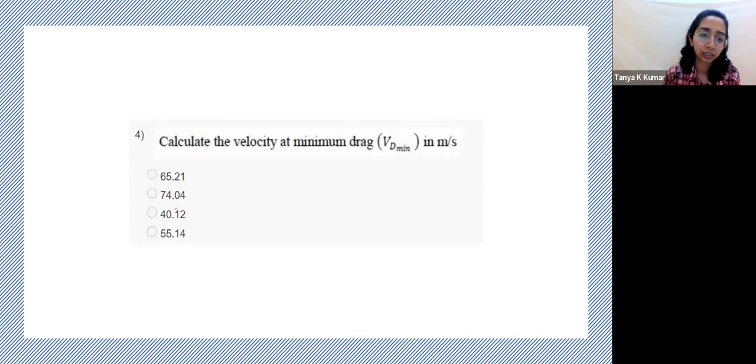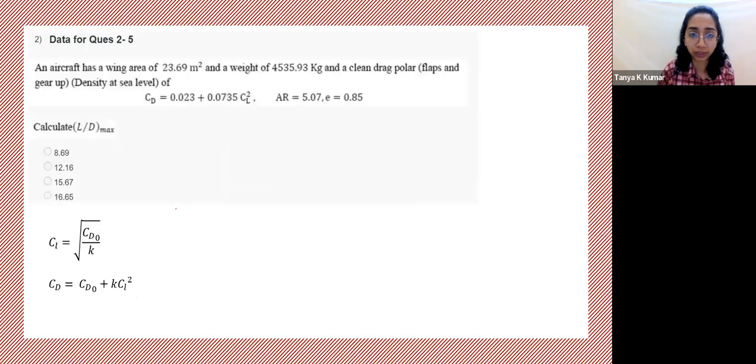So we have CL, we can calculate velocity. What was the equation for velocity? That was 2W upon S by rho CL. 2W upon S was what? What was the value? So weight was 4535.93. Okay.